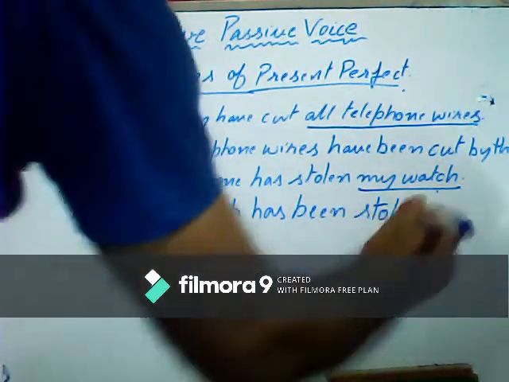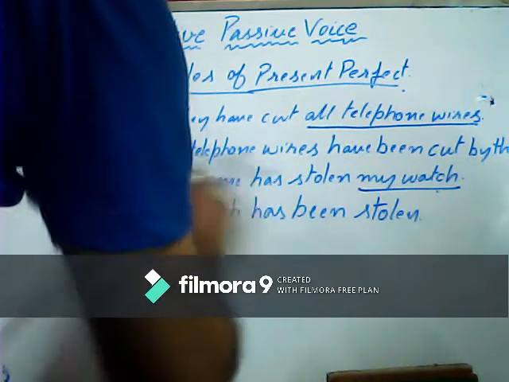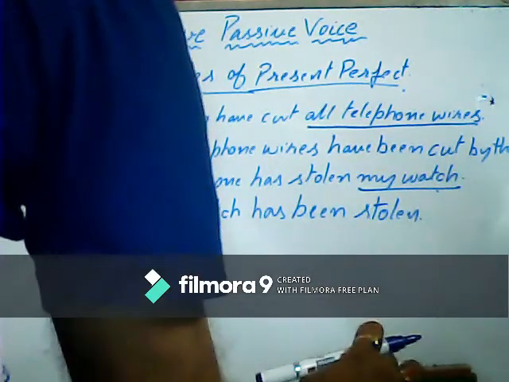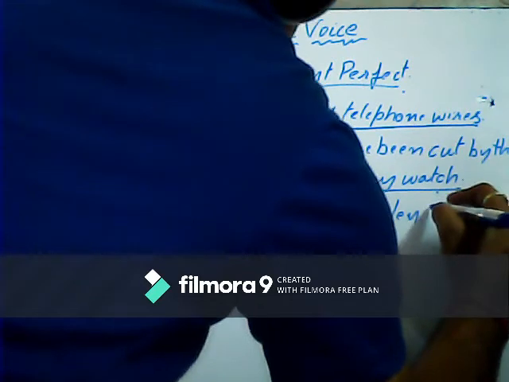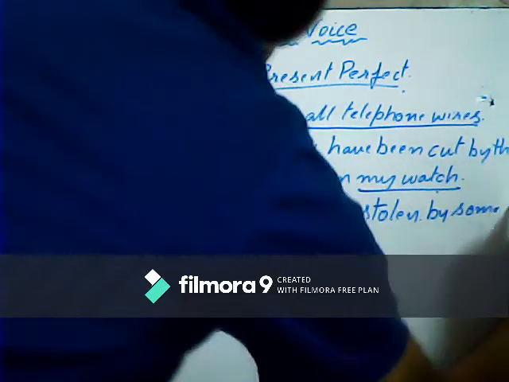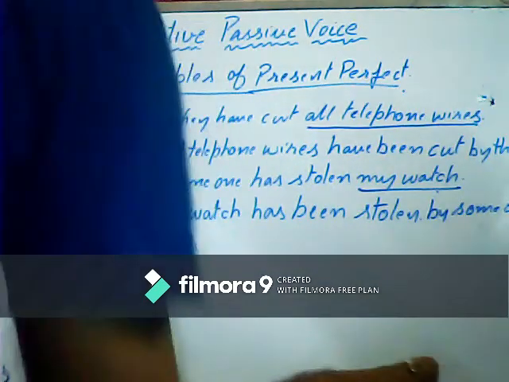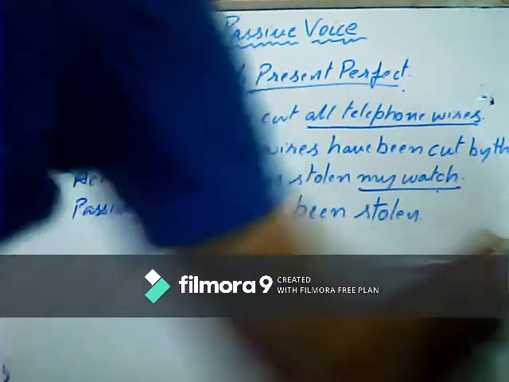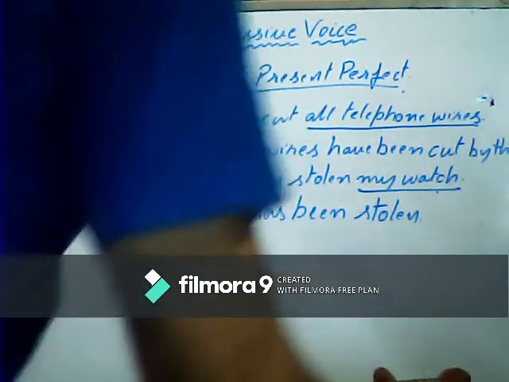Now here we can write this much only, because by someone is not important. It is understood that by someone, or if you write it also that is not a problem. My watch has been stolen by someone. Generally in this type of sentences we don't write someone because it is already understood. So better not to write, my watch has been stolen. This is understood that somebody has stolen my watch.